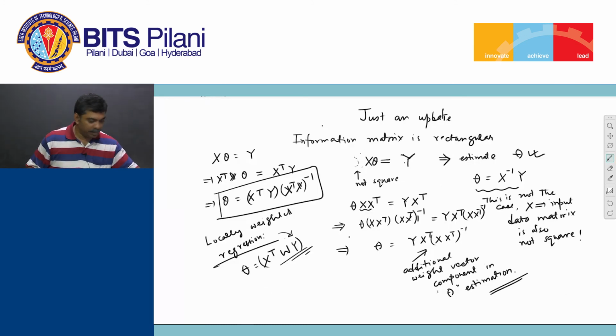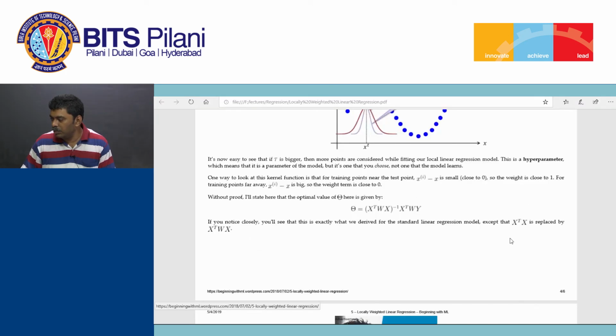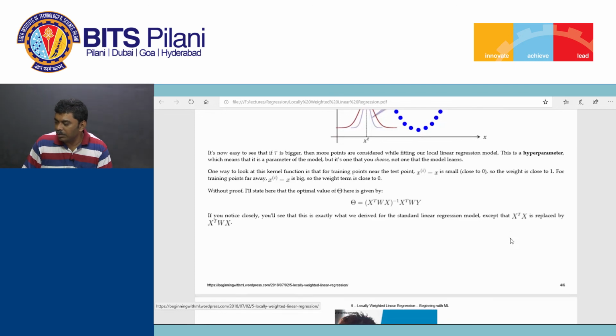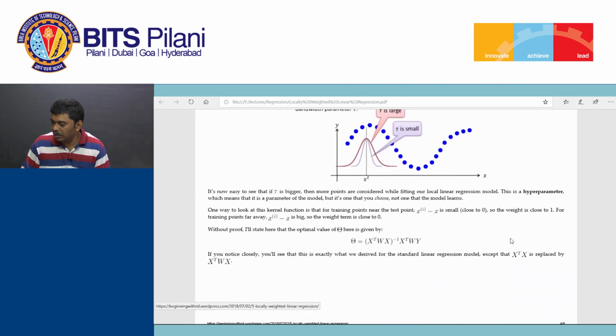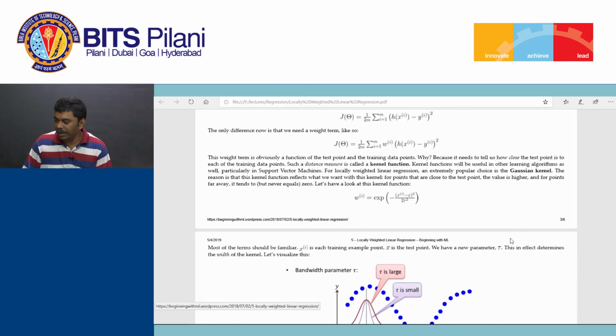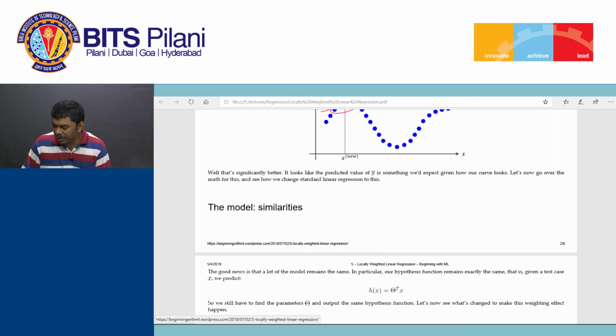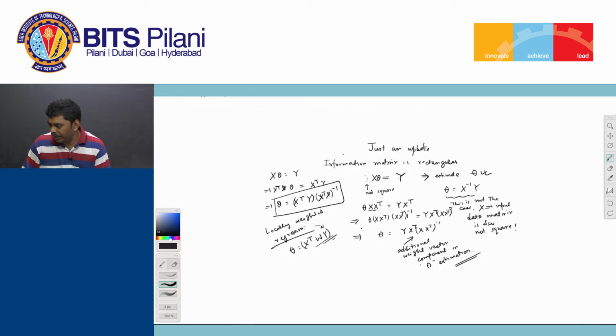Without a mathematical proof, we just show this, but the whole idea is that we use a hyperparameter in addition to the parameter estimation. That's about it. It's not model sensitive learning, it's parameter sensitive learning. So this brings us to the end of locally weighted regression. Thank you.